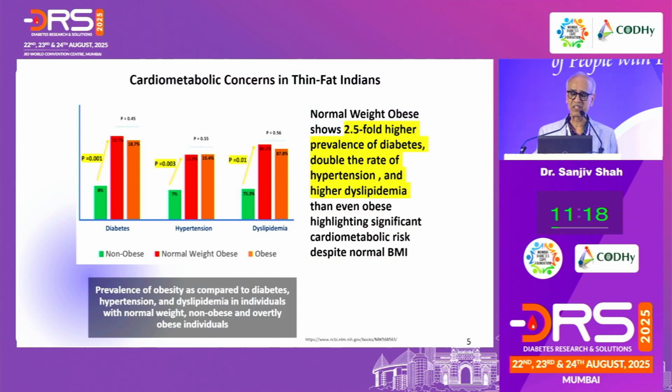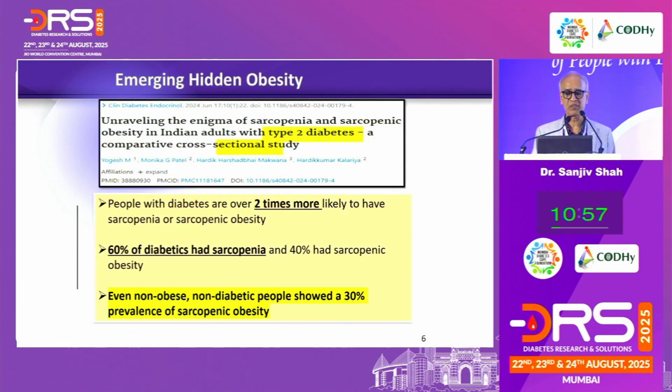If you look at this particular finding, there is a 2.5-fold increase in diabetes, hypertension, and dyslipidemia simply with normal weight obesity. Again, I don't like this word obesity, but adiposity, and you can see that risk factor presence is similar to obesity.